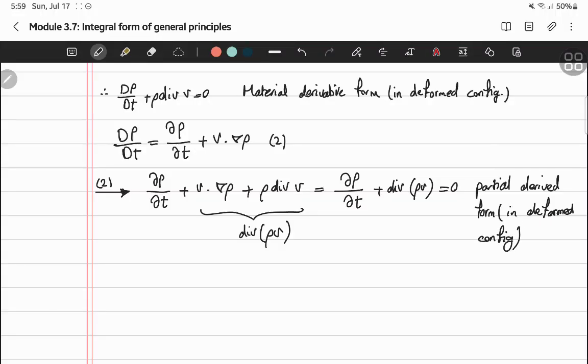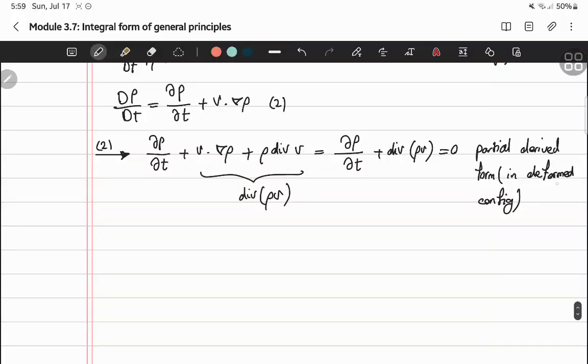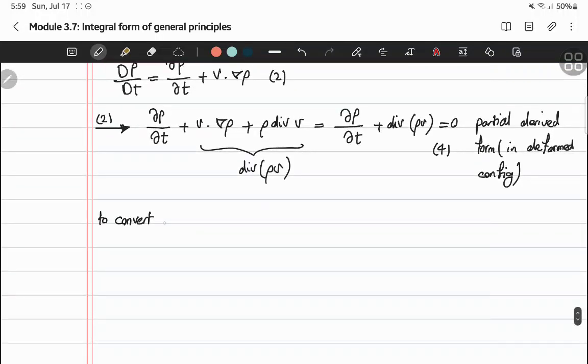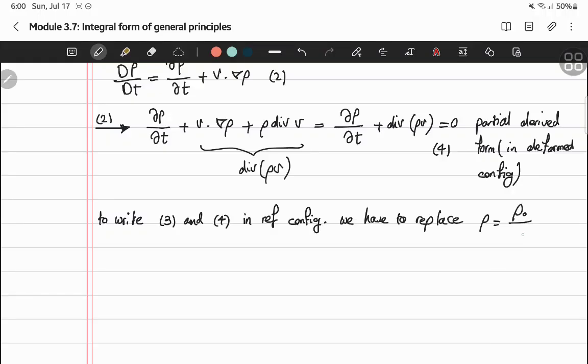So in order to write these two equations, either the material derivative or this partial derivative form, in the reference configuration, let's say equations 3 and 4, we have to replace rho with rho_0 divided by J, because if you remember, rho_0 was rho times the Jacobian. And that's it.